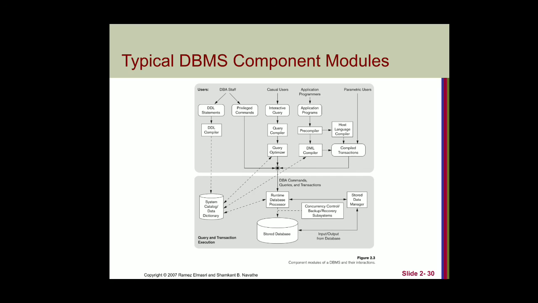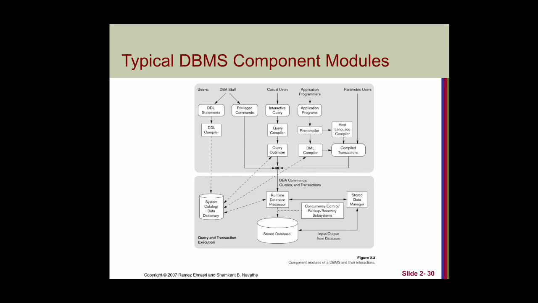Then apart from that, we have parametric end users who are going to make use of a database. How are they making use of databases? They will be provided with the pre-compiled transactions. Directly they will give the inputs to that, and they can make use of the database. Then we can see there is a runtime database processor. The work of the runtime database processor is to process things, right?